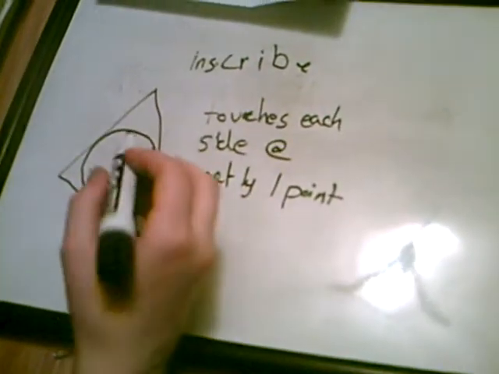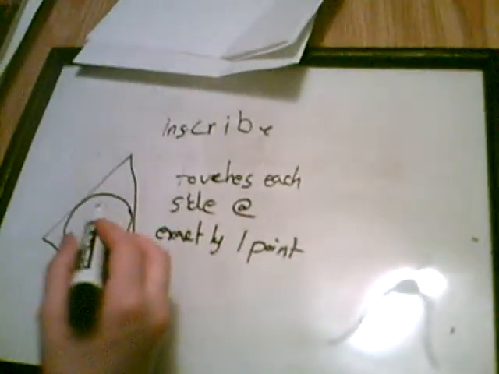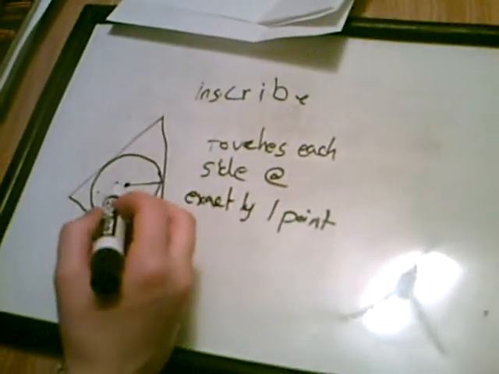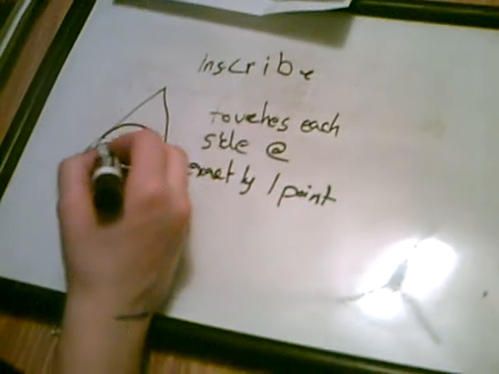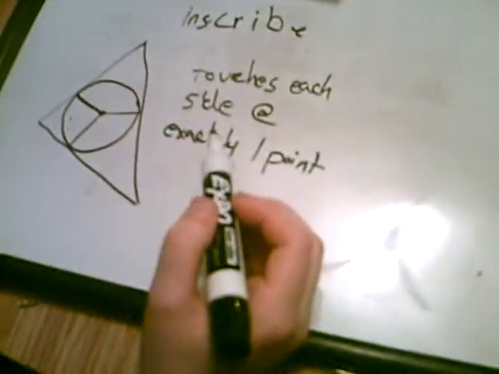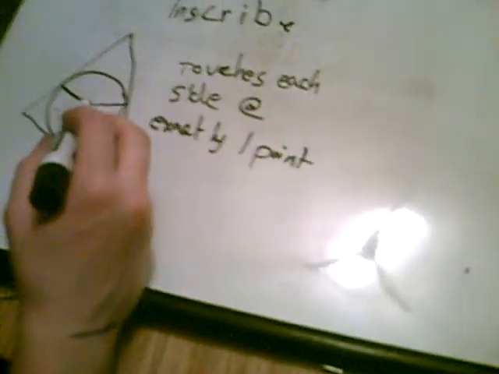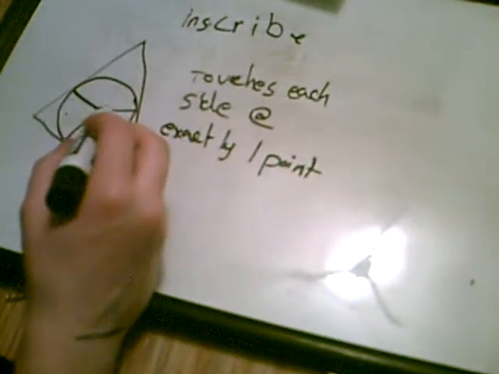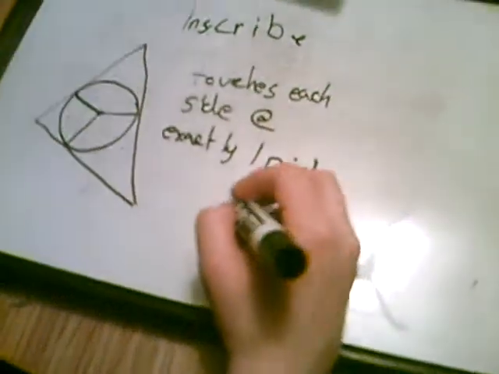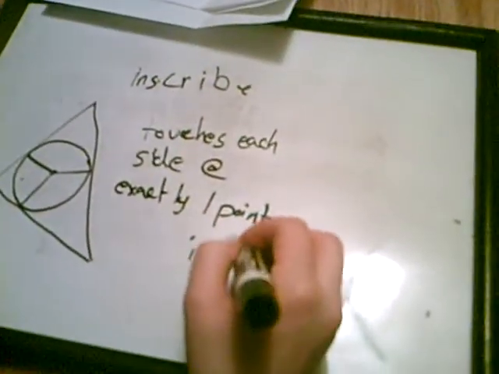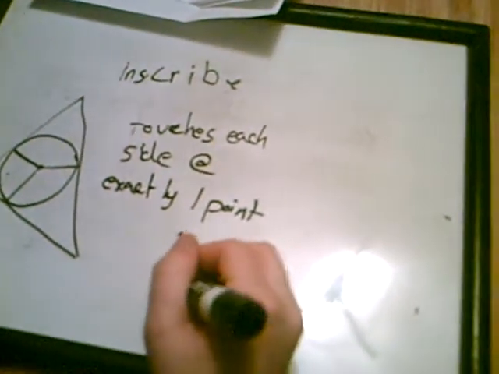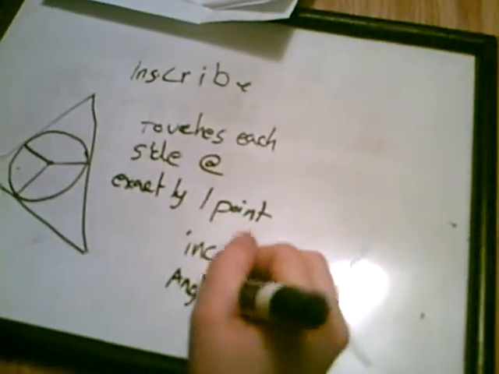Alright, that means here's the radius of the circle. These must all be equal. If you remember, the point where it's equidistant from the sides is called the incenter, which is the angle bisector concurrency point.